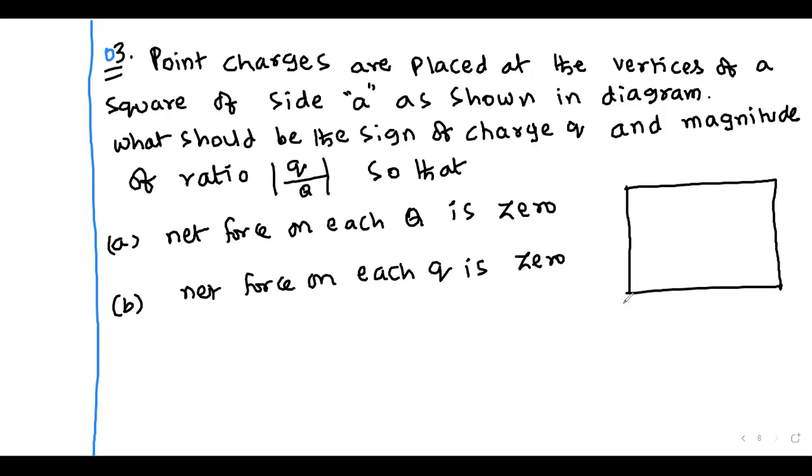Suppose let us keep the vertices as A, B, C, D. At A and C, we are having charges as small q, both are positive only.